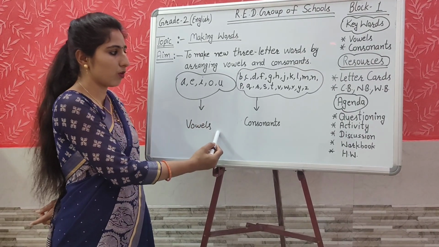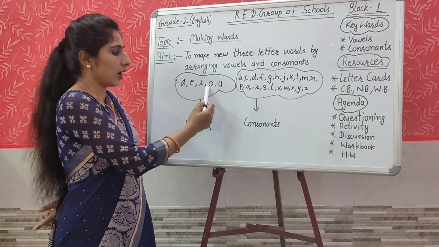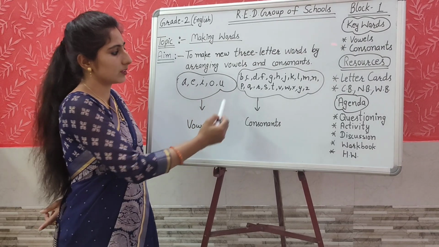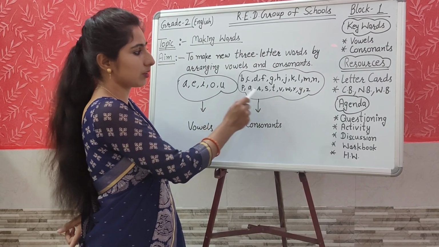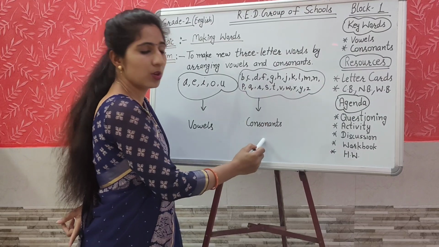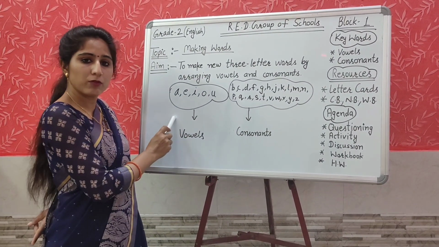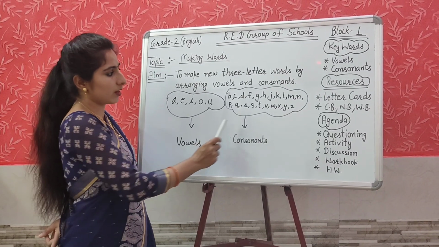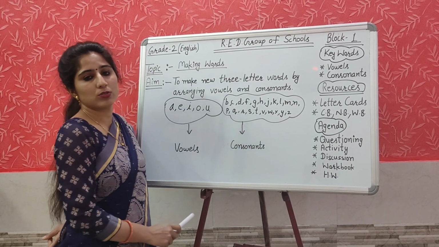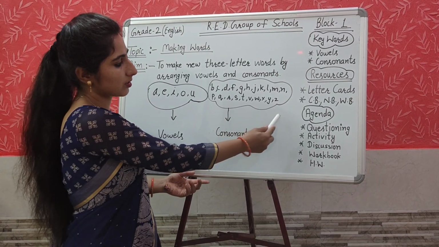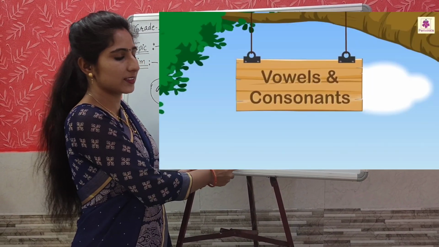Yes, these are the vowels. A, E, I, O, U are vowels. The left letters other than vowels are called consonants. There are 5 vowels in English and there are 21 consonants. Now you can see on the screen.